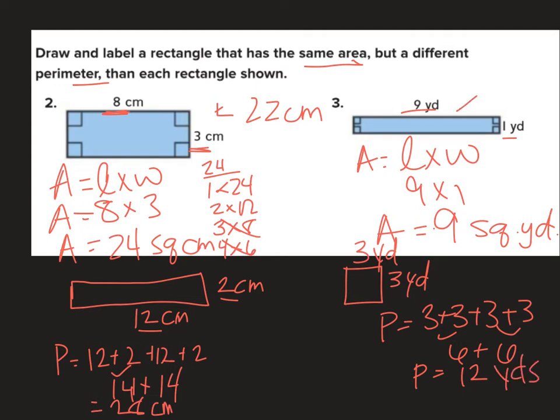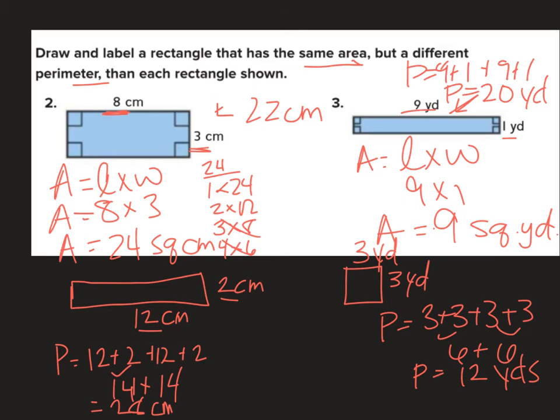The perimeter for the other shape is 9 plus 1 plus 9 plus 1, and so that makes a perimeter of 10 plus 10, or 20 yards. So again, 9 and 1 are farther apart than 3 and 3, and the farther apart the numbers, the larger the perimeter than if they were close together.